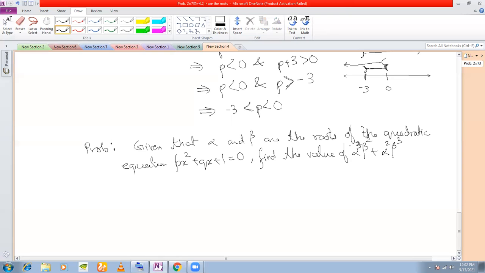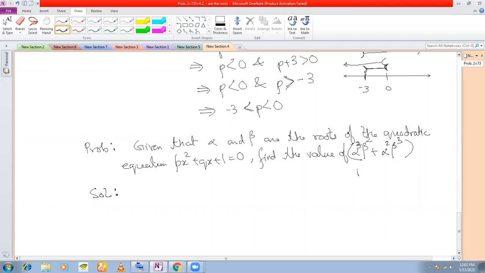Now, what kind of a function is this? Yesterday's video you must have seen, right? Symmetric function. Why symmetric function? Because if you interchange alpha and beta, the expression will remain the same.